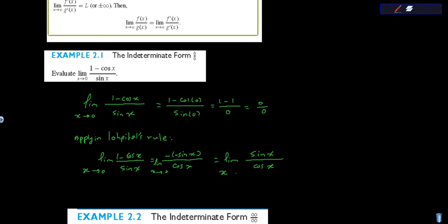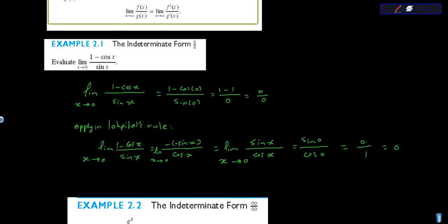Now we can substitute x by 0: sine 0 over cosine 0, which is 0 over 1, equal to 0. We get the specific limit, as L'Hopital's rule says. This is the first example.